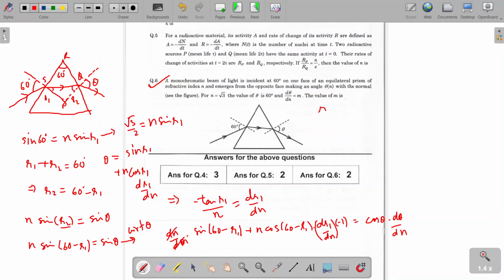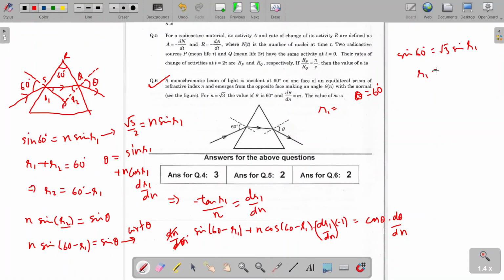The value of r1 when theta is equal to 60 degrees: using Snell's law we find sine 60 is equal to root 3 sine r1.